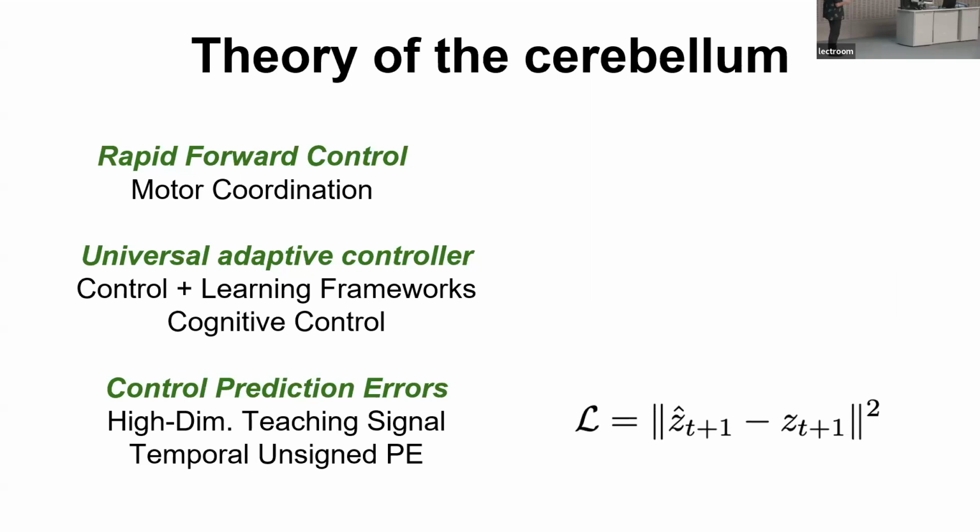It also has a lot to say about the teaching signal, because it's supervised, so you have a more dense teaching signal. It does look a little bit like reward prediction error. That's, in my opinion, why you see these similarities, though it's not the same. It's a control prediction error, but it's unsigned, and it is temporal like cumulative reward prediction error, but it's also not really the same.